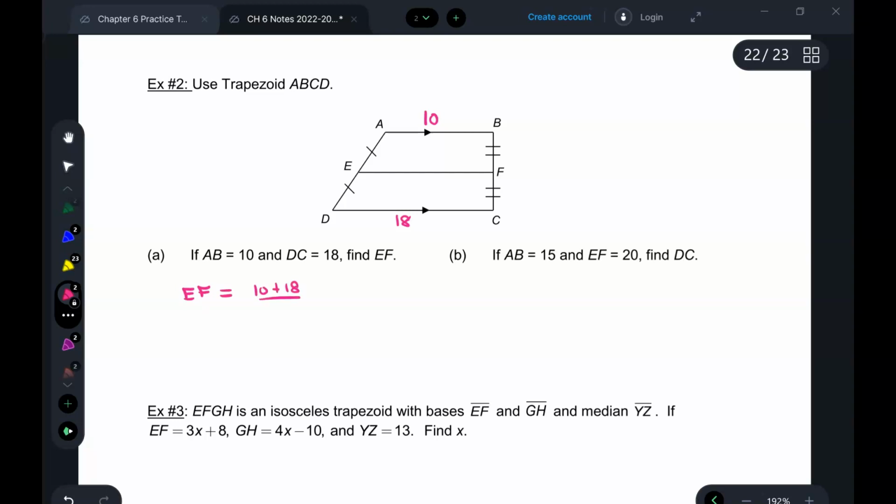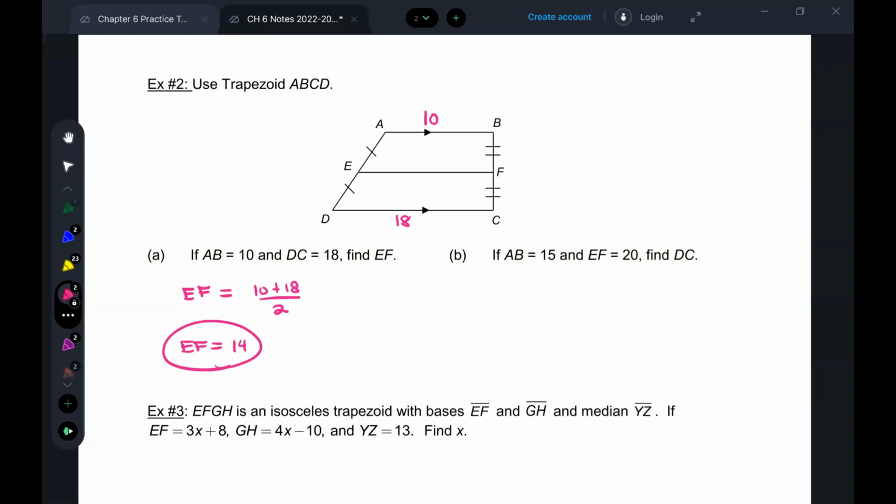We add them, 28 divided by 2. When you have really small numbers to work with, just look at it. What's right in the middle of 10 and 18? 14, right? So you really don't even need to show much work for that.